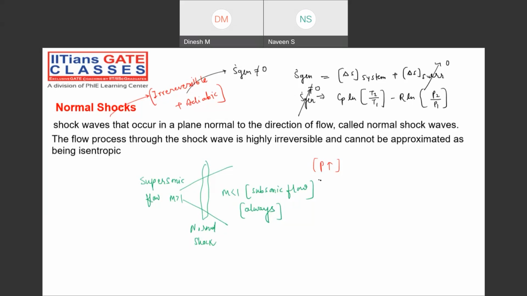Pressure will increase. Temperature will also increase. Why will the temperature also increase? See, subsonic flow means what? Velocity will decrease and that will lead to pressure increase. Understanding my point or not? Velocity will decrease. Whatever the kinetic energy is there, that has been converted to what? Friction energy, heat energy, or thermal energy. That's why the temperature has increased, right? That's the reason. Understanding or not?